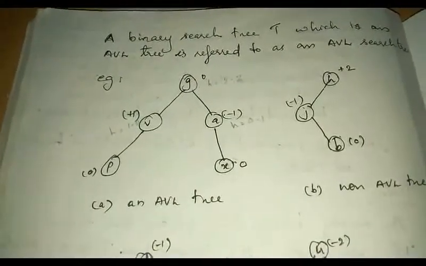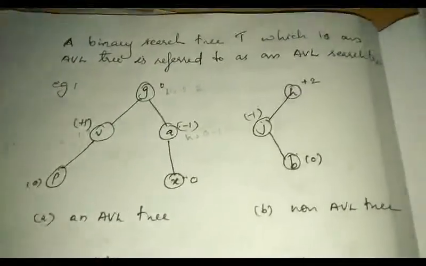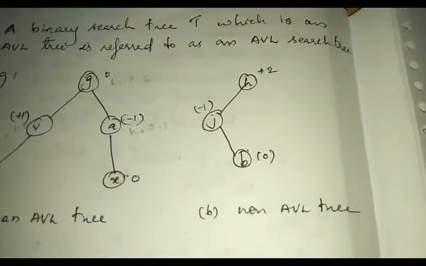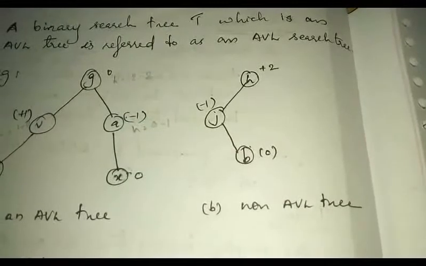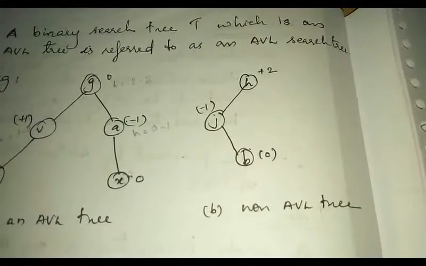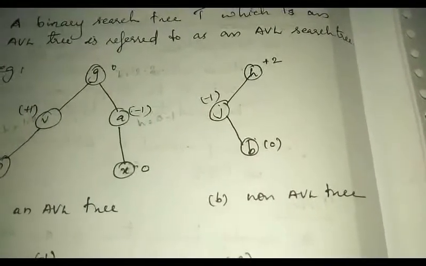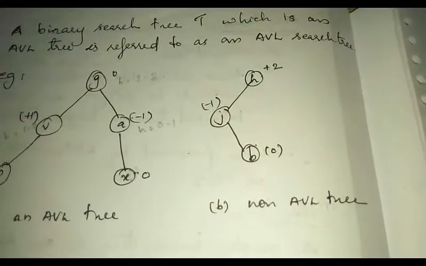That means this is an example of an AVL tree. Now look at the second example, figure B. Here the balancing factors are minus 1, 0 and 2. Since 2 is not an acceptable value for a balancing factor, you can say that this is an example of a non-AVL tree.